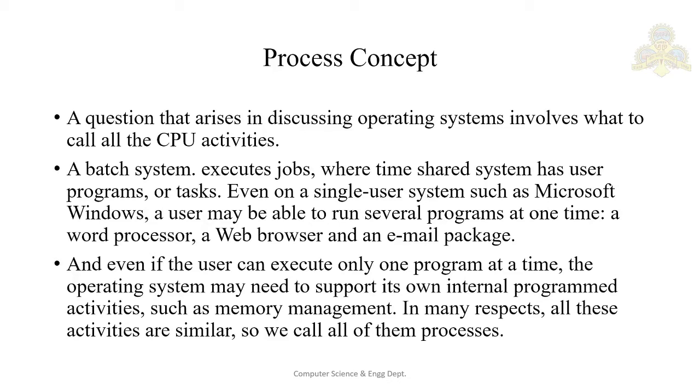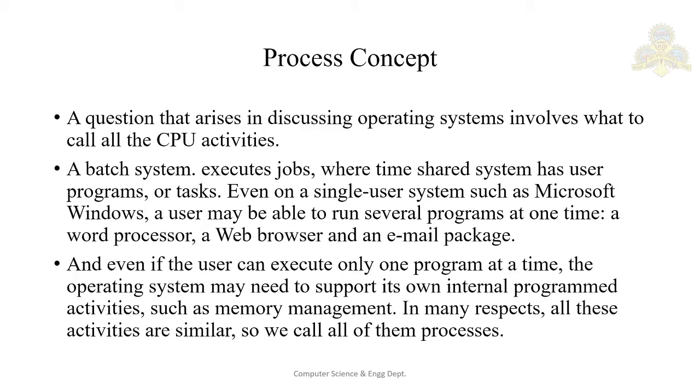The terms job and process we will be using interchangeably. Okay, job as well as process, that means one and the same. So sometimes I may say job and some other time I may say process, so do not get confused with these things. So here in the process concept you have to know what you mean by a process.